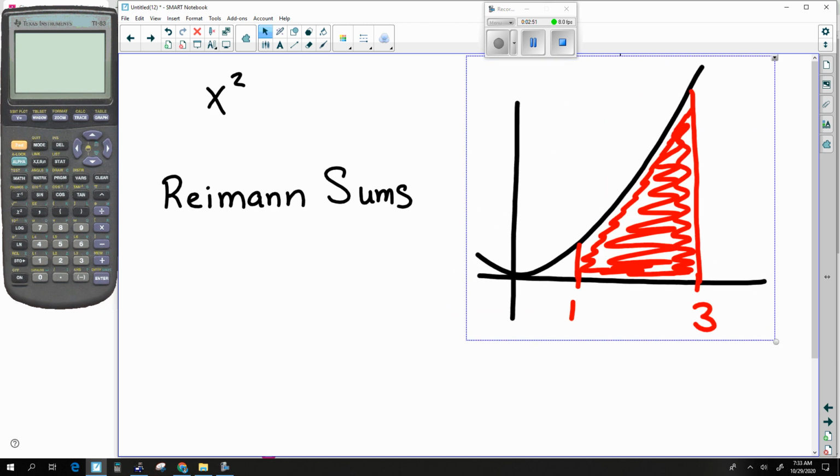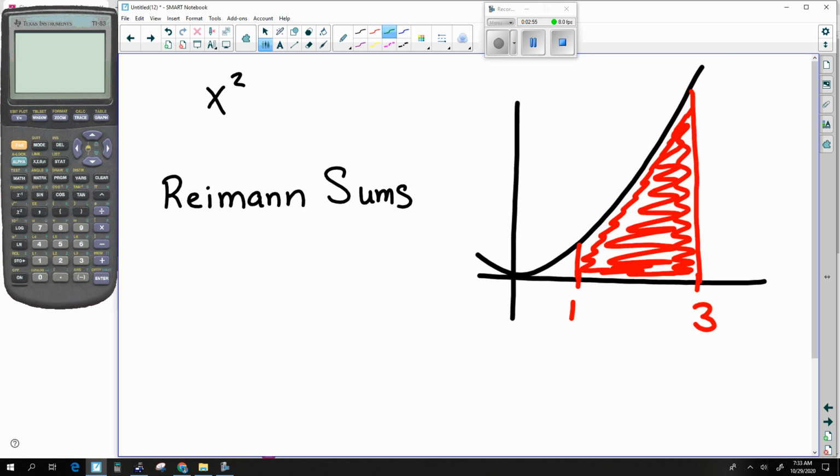So what Riemann does is this: he takes this length from 1 to 3 and breaks it up into smaller increments, whatever they happen to be. And he usually makes rectangles out of them.